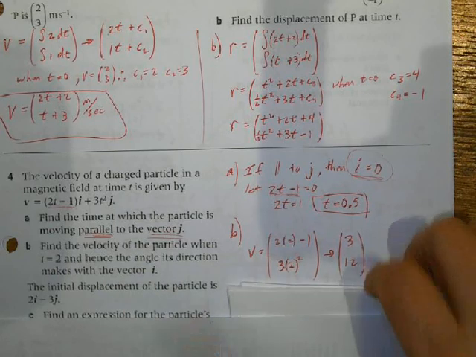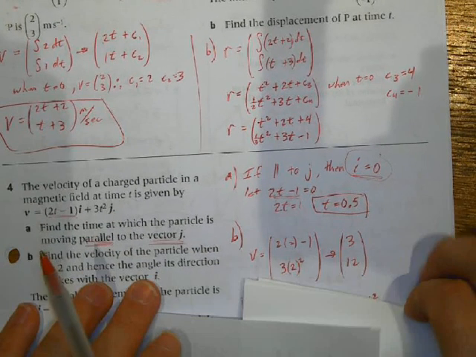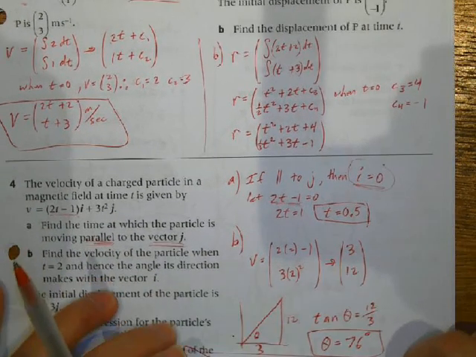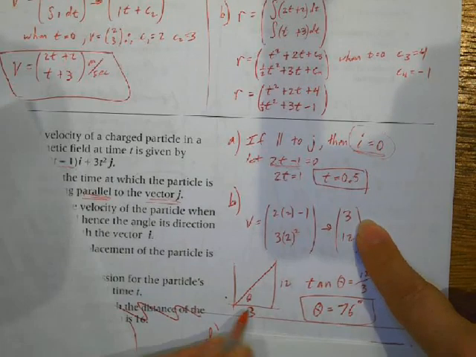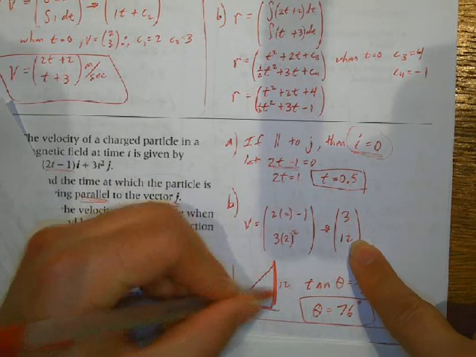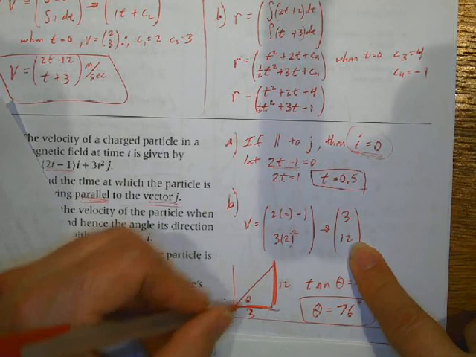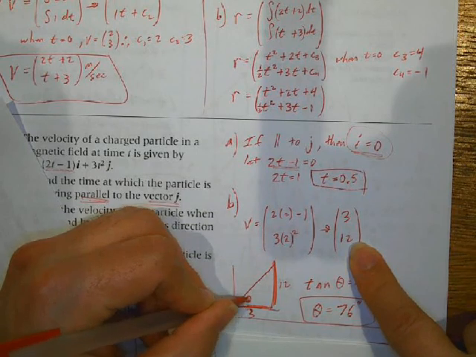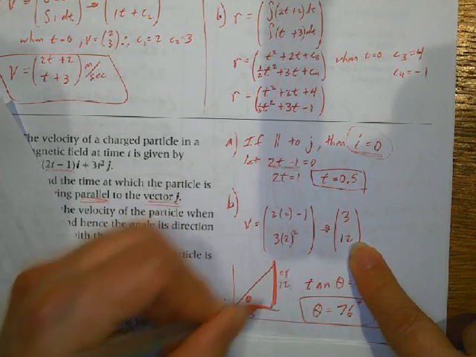Okay, so if this is my vector here, then to figure out the angle, we know in the x direction I'm going 3, and in the y direction I'm going up 12. I want to find this angle that it's making. So I've got the opposite side and the adjacent side.